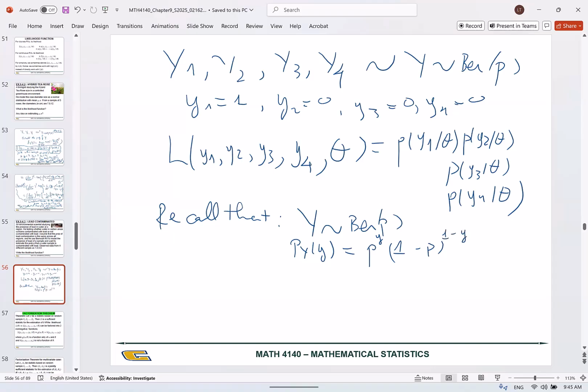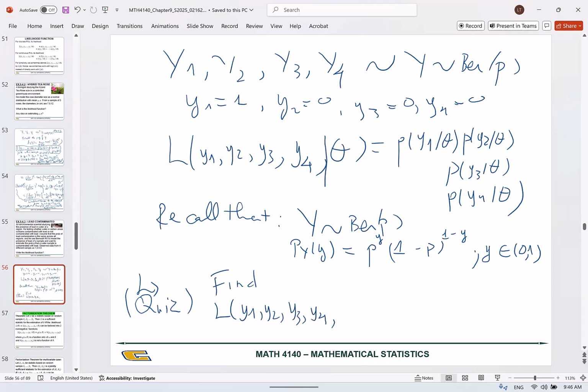So this is the PMF here. Now your task, let's do the quiz here. Find the L of theta, Y1, Y2, Y3, Y4, given theta. In this case, theta is P. Just write it out.